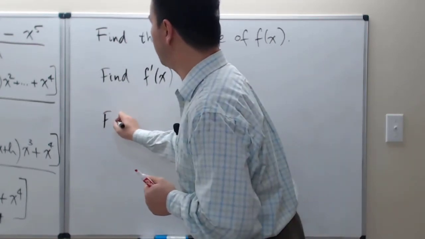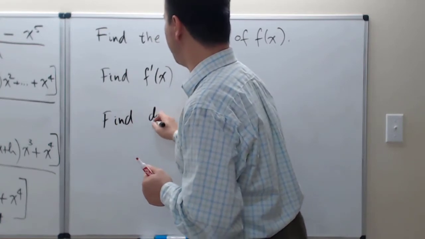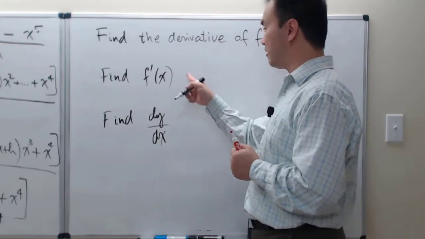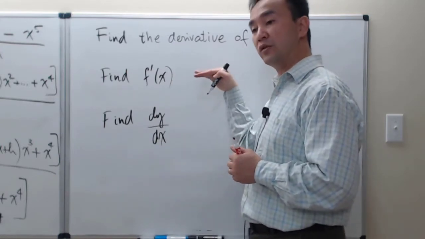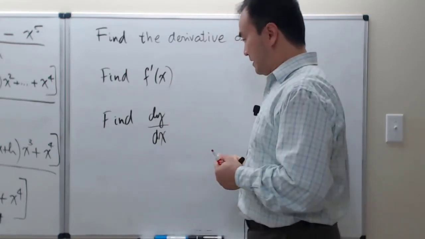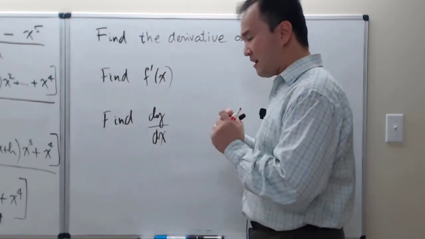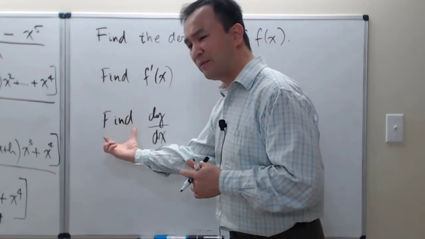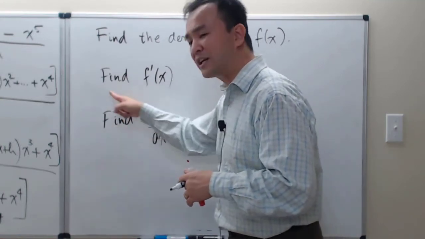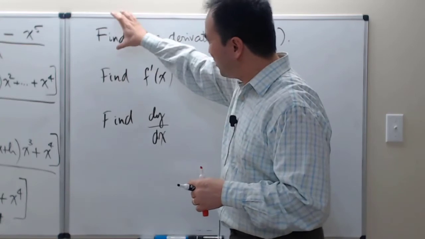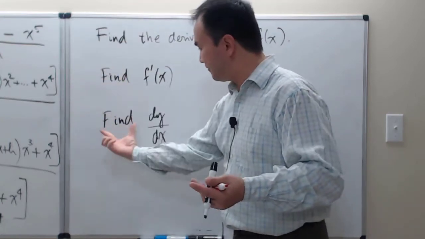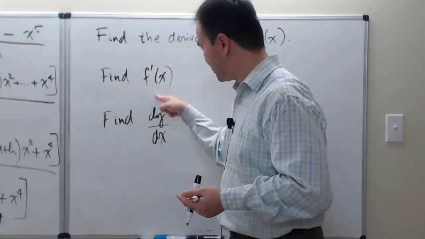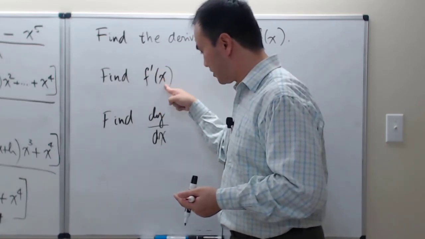Or people can say find dy dx, and you already knew that these are all different symbols of derivative depending on how you write your beginning function. But now I want to come up with a symbol even more convenient than just saying find, because when you see this, it's an instruction telling readers to find the derivative. So this is the derivative of the function f with respect to x.